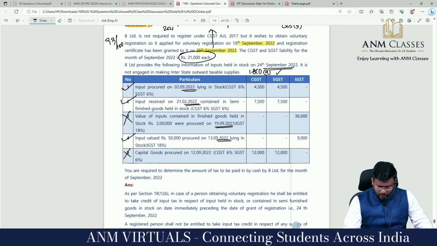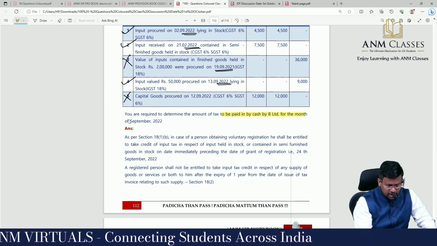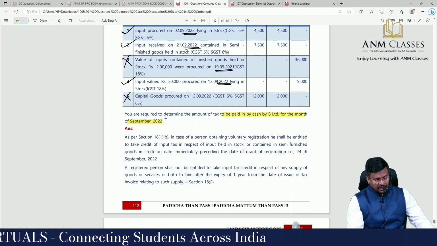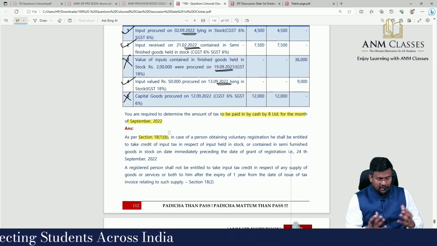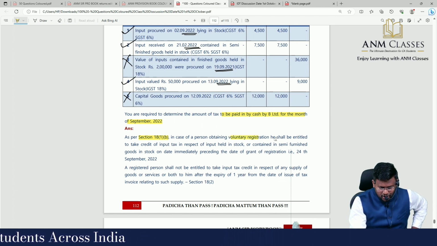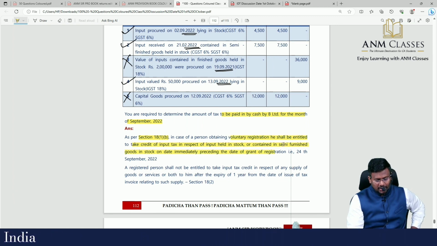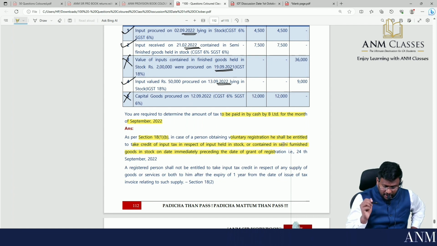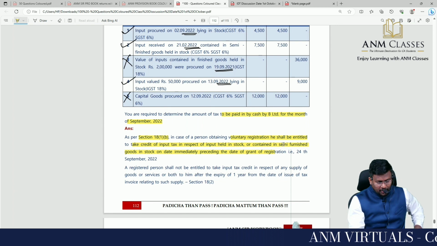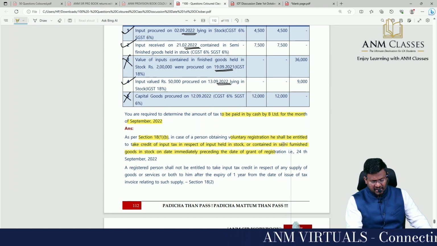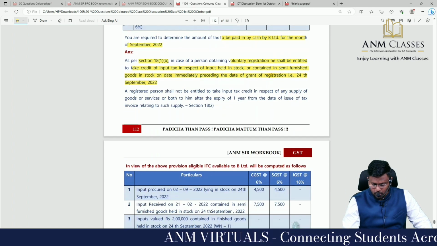You are required to determine the amount of tax to be paid in cash by B Limited for the month of September. Sir, as per section 18 subsection 1 clause B, in case of person obtaining voluntary registration, he shall be entitled to take credit of input tax in respect of input held in stock or contained in semi-finished goods in stock on date immediately preceding the date of grant of registration, that is 24th September 2022.